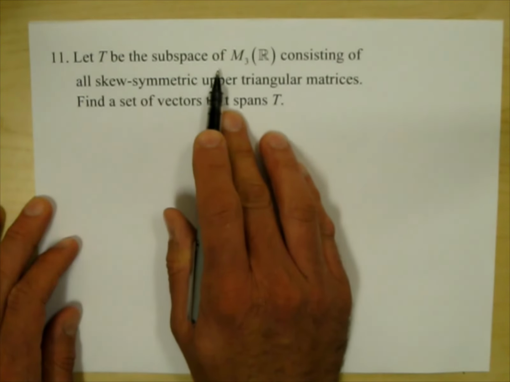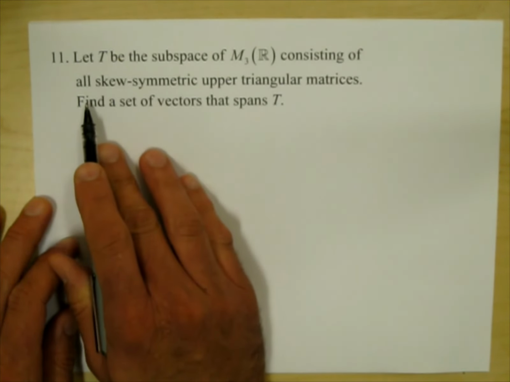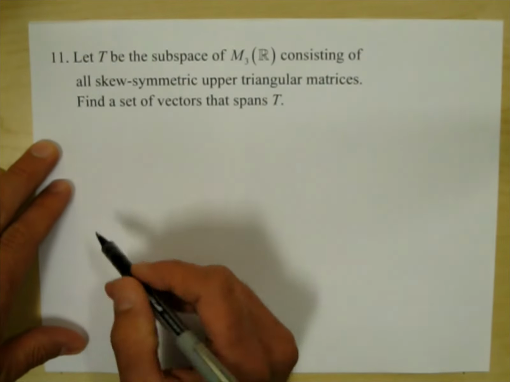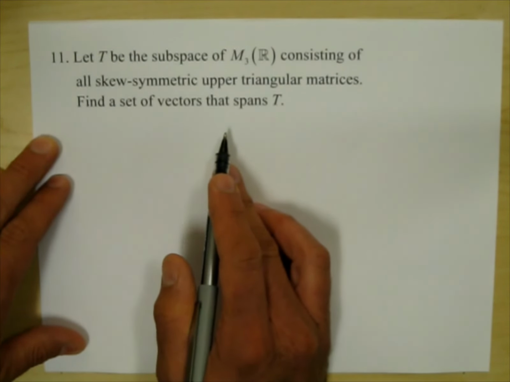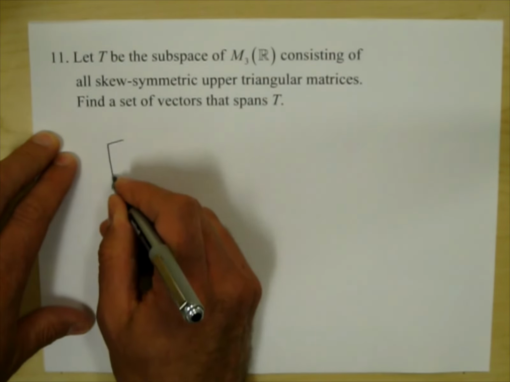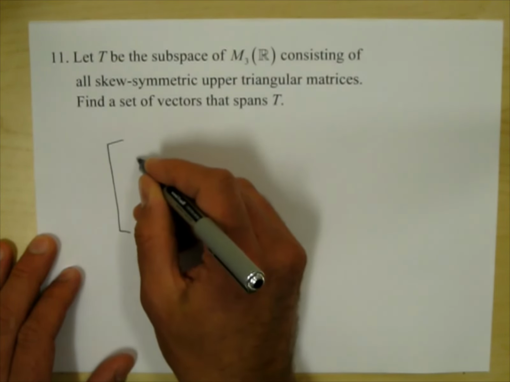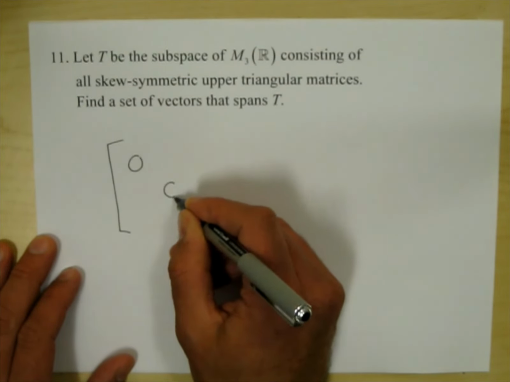Let T be a subspace of M3 consisting of all skew-symmetric upper triangular matrices. Okay, find a set of vectors that spans T. Let's see what this looks like. 3 by 3 matrices. So skew-symmetric, main diagonal should be 0.